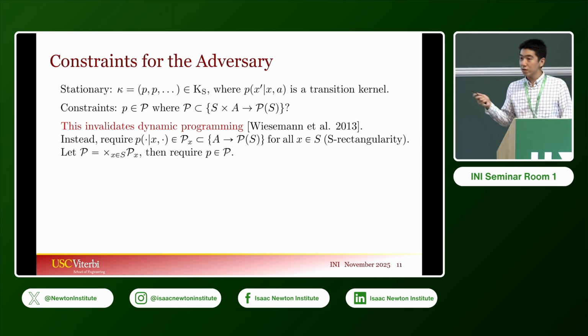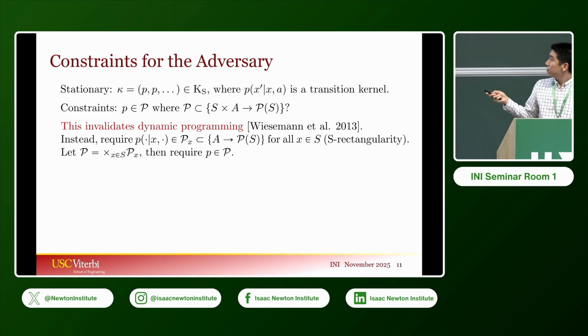So instead, what we're going to do is we require the adversary to choose its distribution for every fixed x from an ambiguity set, calligraphic P sub x, which is a subset of mappings from the action to the distribution of the next state.